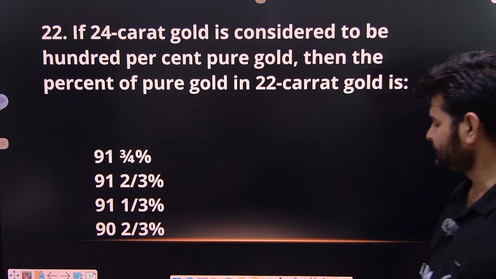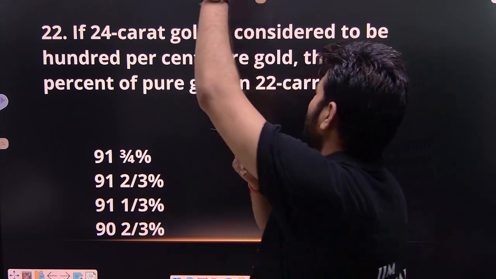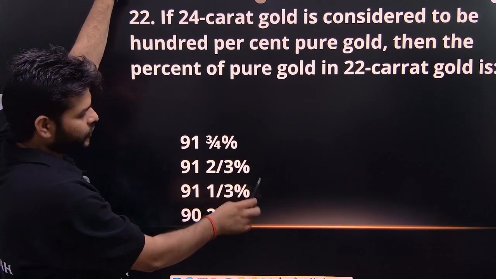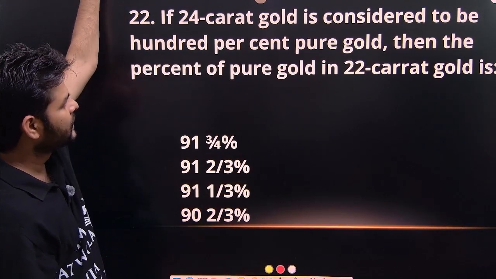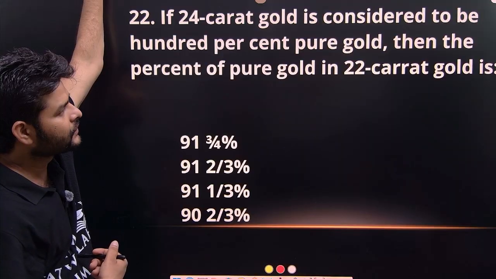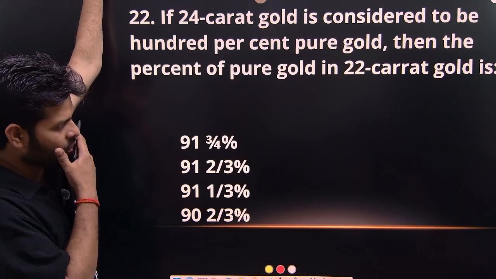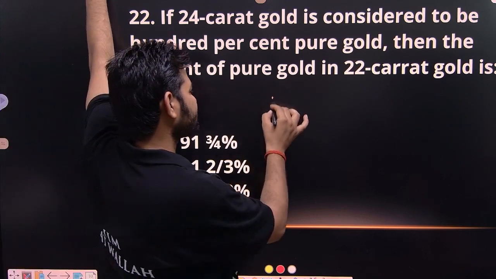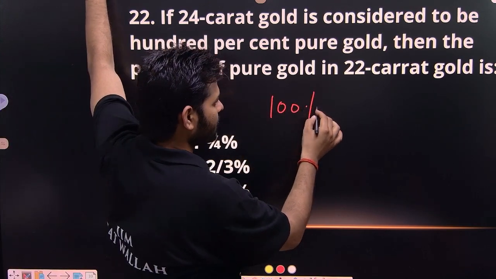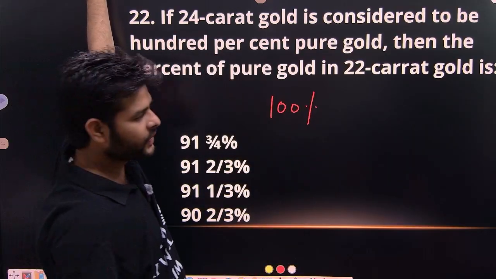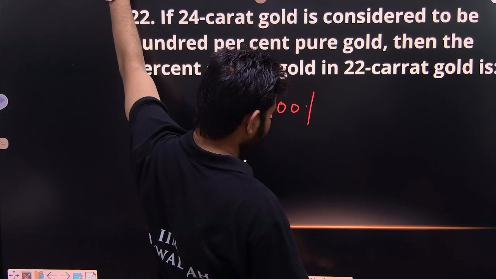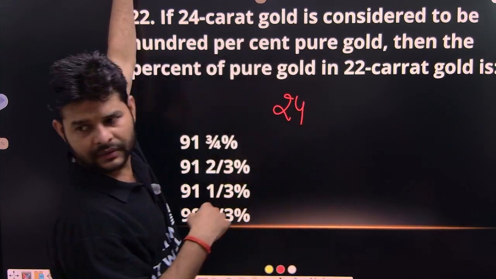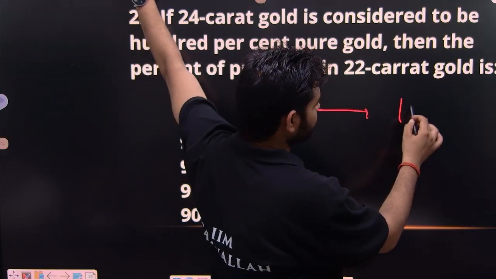Guys, see, if 24 karat gold is considered 100% pure gold, then what is the percent of pure gold in 22 karat? In 24 karat gold, the gold purity is 100%.